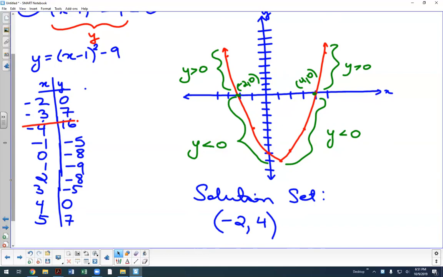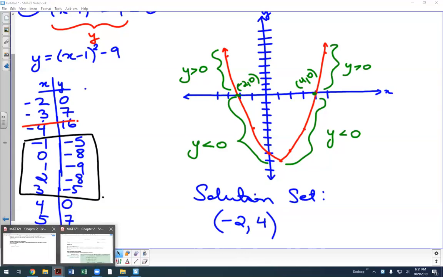Were you meaning -2 and 4? -2 and 4. Right? So any number between those, not including the endpoints, is going to end up giving me a negative answer for my y values. So that is the range that I'm looking for, or actually the word would be the interval that I'm looking for. Okay?